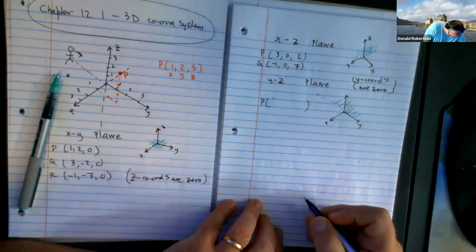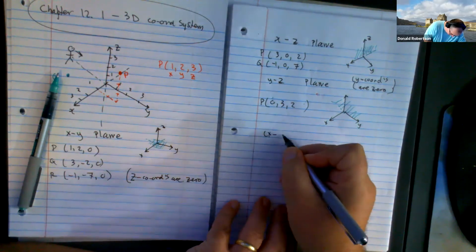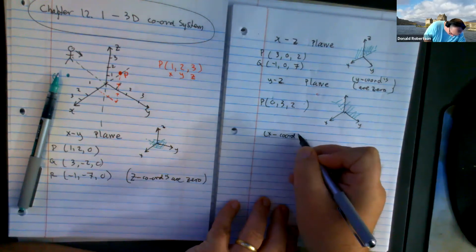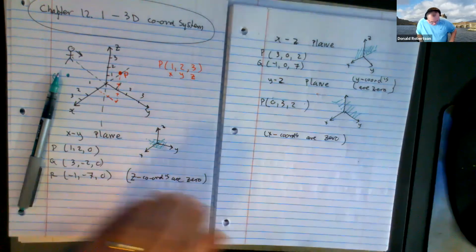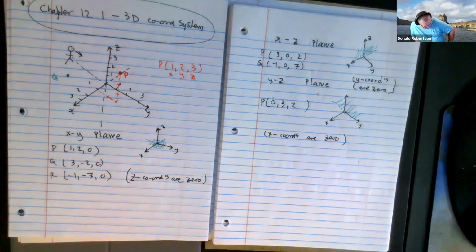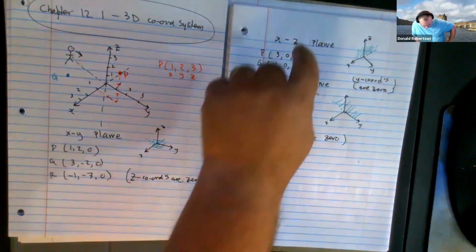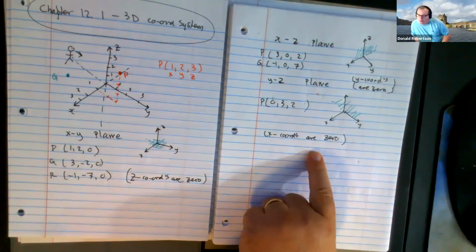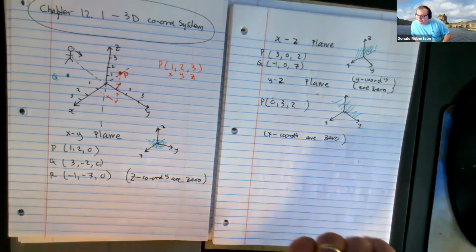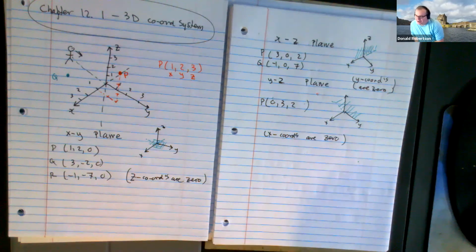Don't they have the property that their X coordinates are 0? So if you want to know if a point is on any one of these 3 planes, don't we have a very easy way to do it? Don't we actually look at which one of the 3 coordinates is 0? Because that will tell you which of the 3 planes it's in.